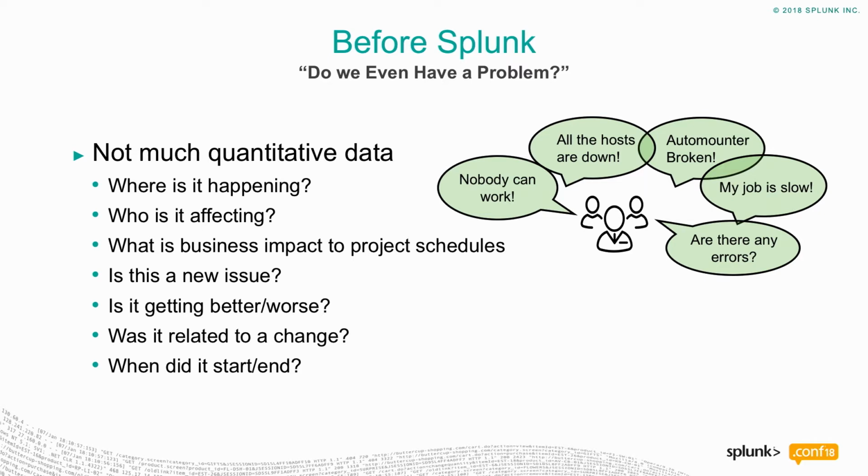So really, we needed a way to have more quantitative information and answer these questions a lot quicker. So that's when our journey to Splunk sort of began. We needed to quickly be able to drill down into this global engineering environment, what was going on, what was it affecting, and really start answering questions. And instead of just guessing and pointing fingers in the war rooms, we needed data. And we needed data that everybody could look at consistently.